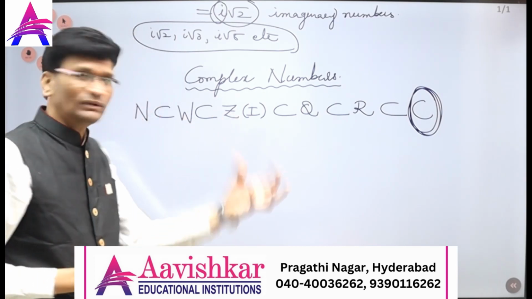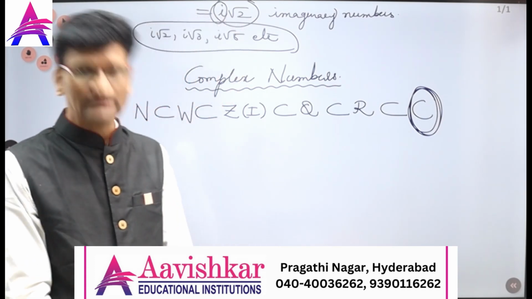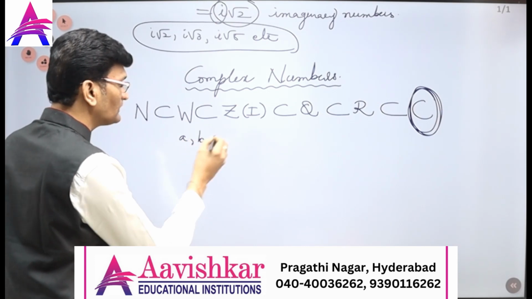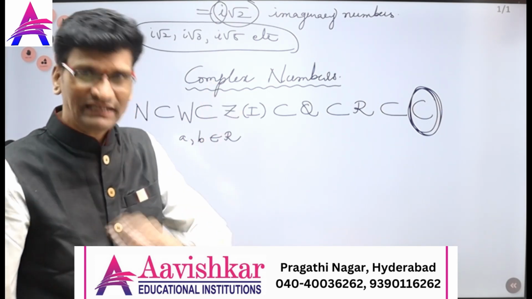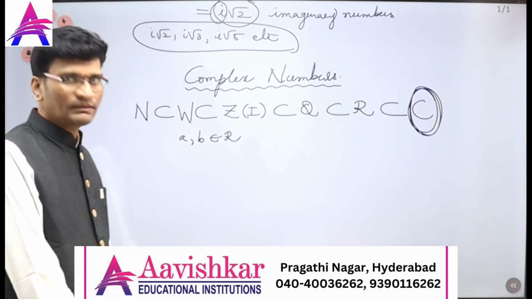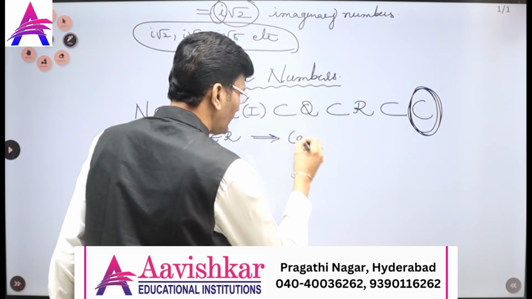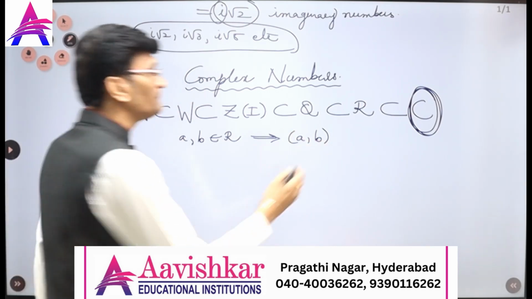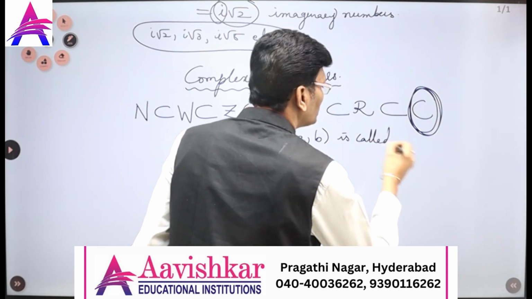But let me introduce the actual definition of a complex number. I am taking two numbers a, b, both from the set of real numbers. How is the complex number defined? Let the two real numbers a, b be written as the ordered pair (a, b). Then this ordered pair is called a complex number.